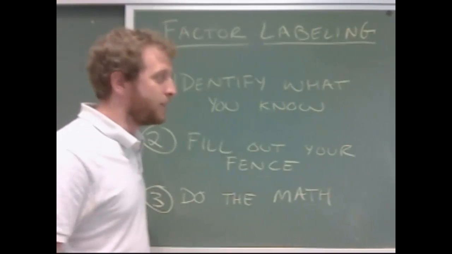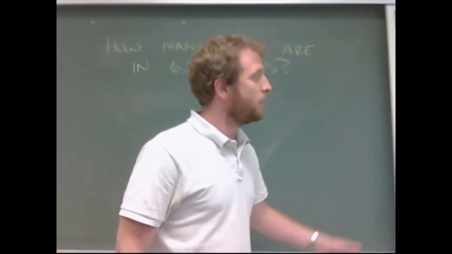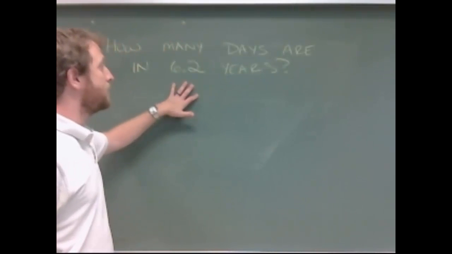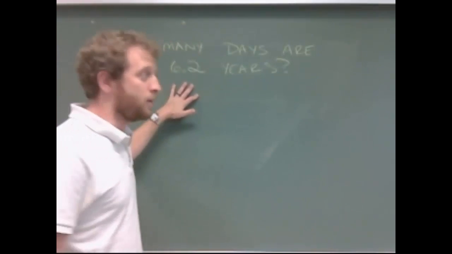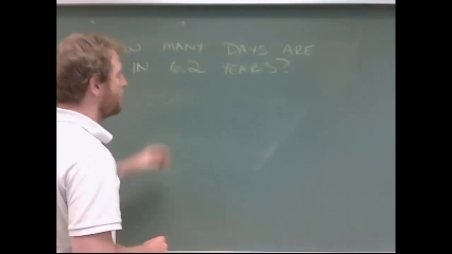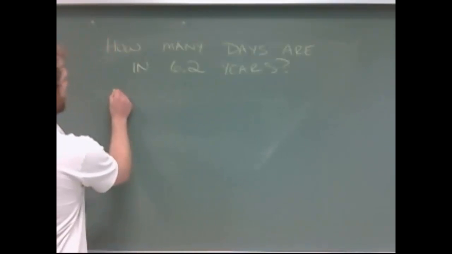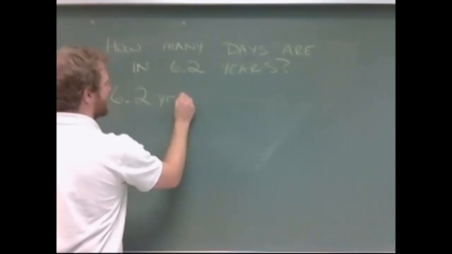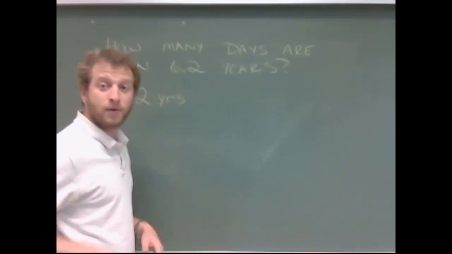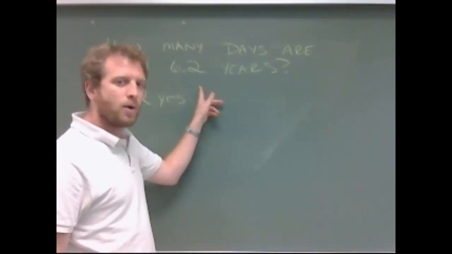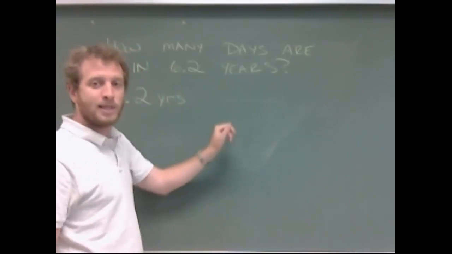Alright, welcome back. Glad you paused it. Let's go back to our question: how many days are in 6.2 years? First, I'm going to identify what I know. One thing I know is 6.2 years. I'm just going to write YRS for years, a little bit of shorthand. I also know a conversion to get from years to days.